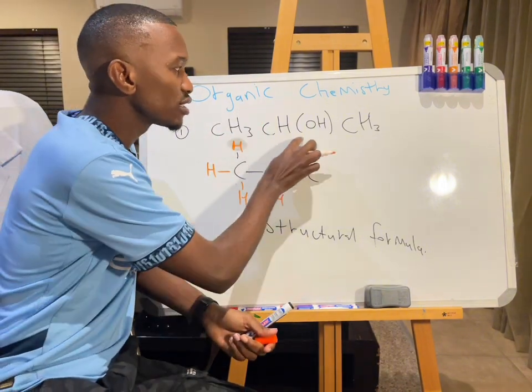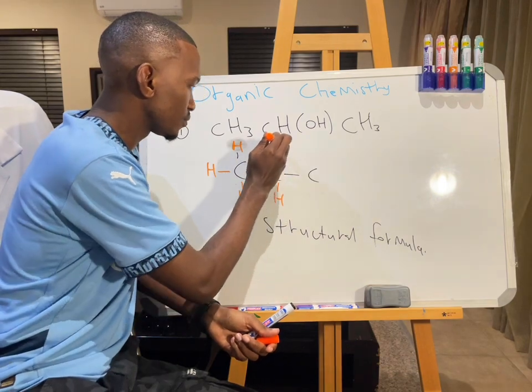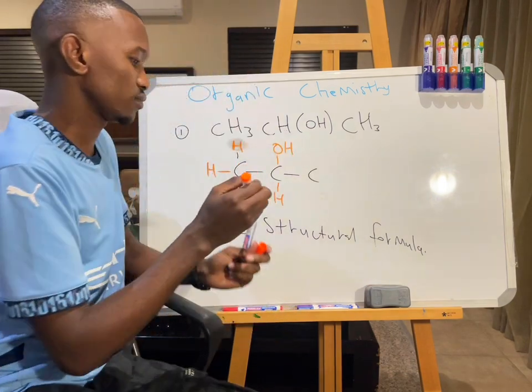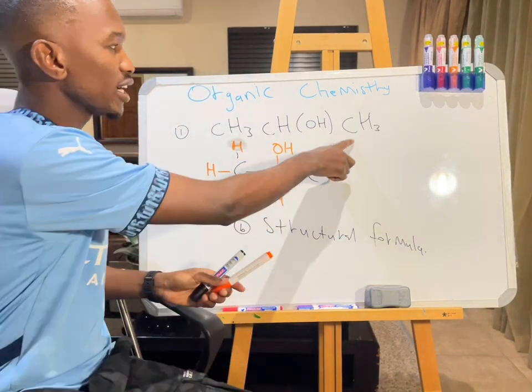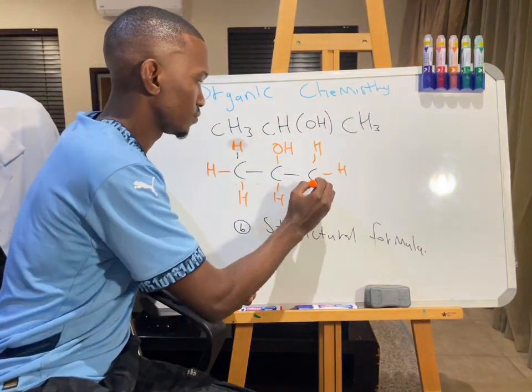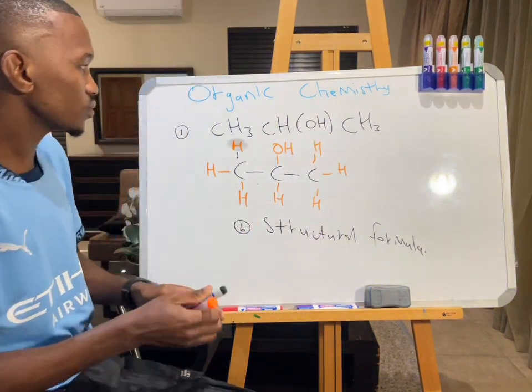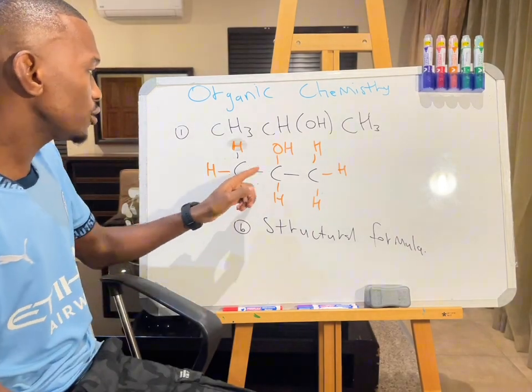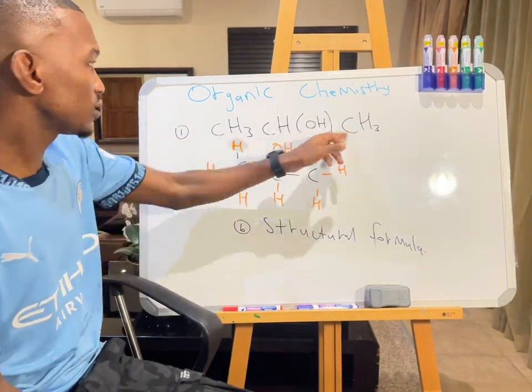So this is a hydroxyl group, OH, so I must put it here. Then this carbon has how many? 3. So now check. 1, 2, 3. 1, 2, 3. You see?